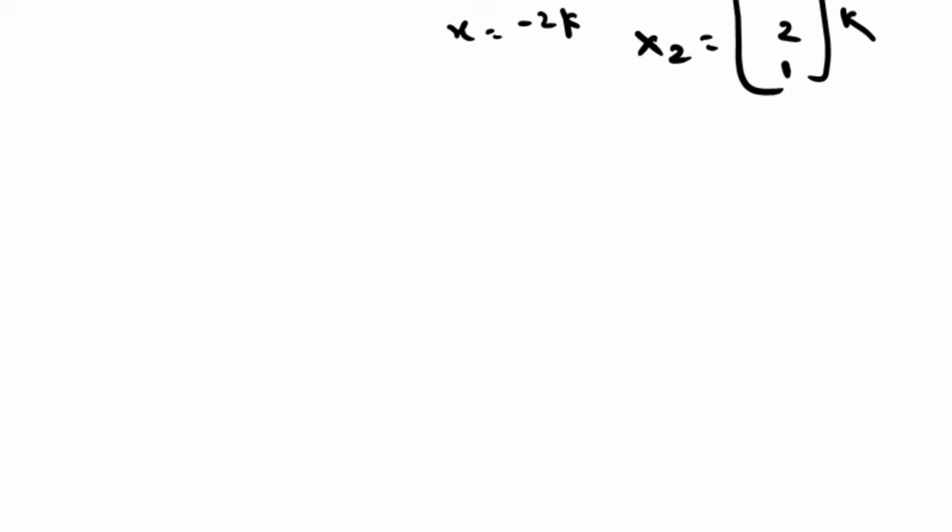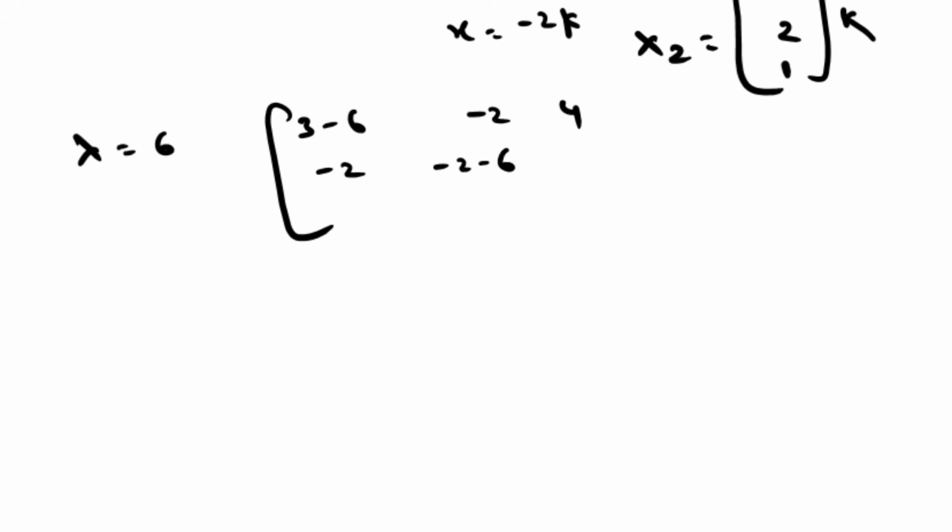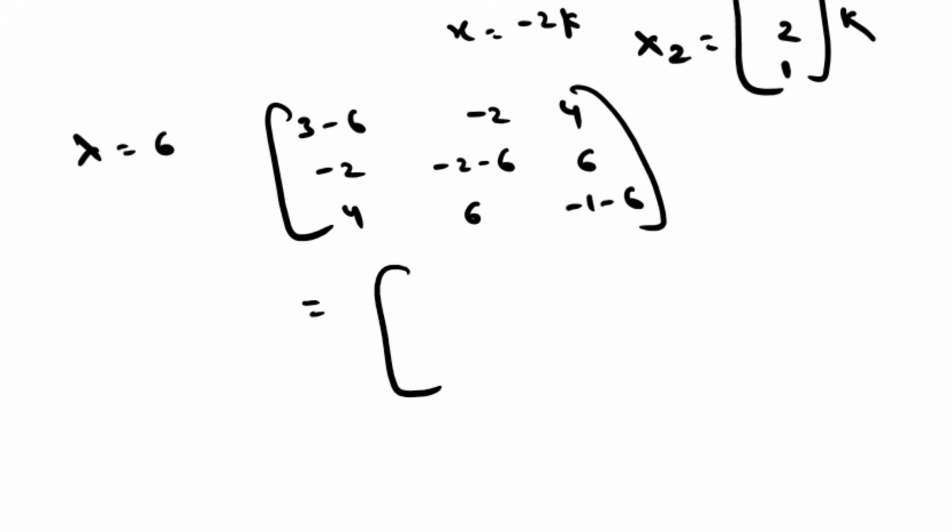The third eigenvalue, lambda equals 6. 3 minus 6, minus 2, 4; minus 2, minus 2 minus 6, 6; 4, 6, minus 1 minus 6, is equal to minus 3, minus 2, 4; minus 2, minus 8, 6; 4, 6, minus 7.